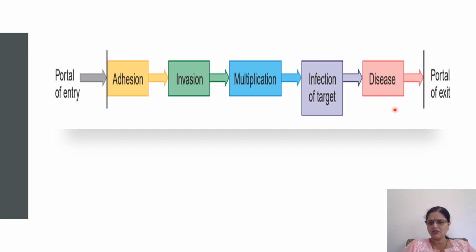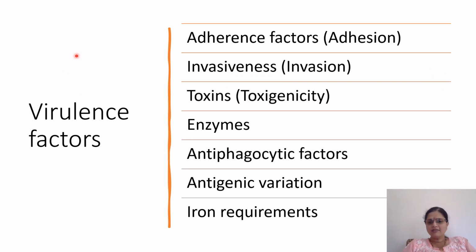Now, once it starts damaging the tissue, the next thing it will do is try to spread from that human body to another human body. So it is going to come out of the human body through some portal of exit. So this is basically the life cycle of a pathogen inside one particular human body. From the moment the pathogen enters the human body till it comes out, it has to face a lot of problems inside the human body, because the human body is not going to keep quiet.